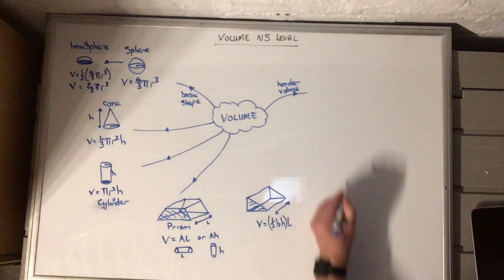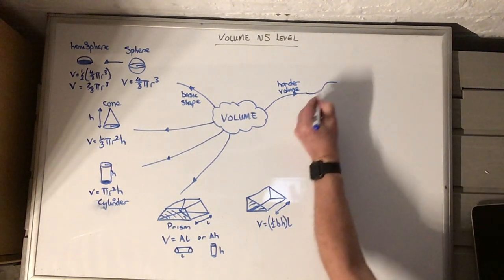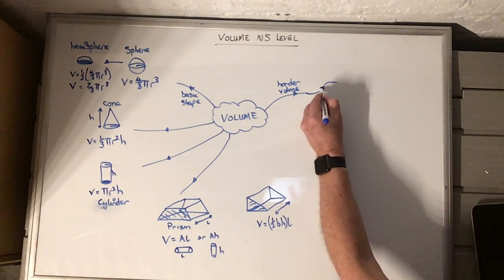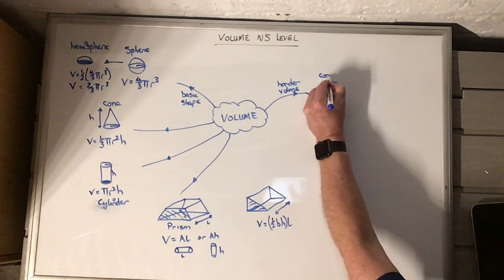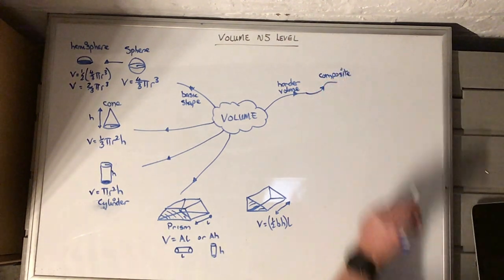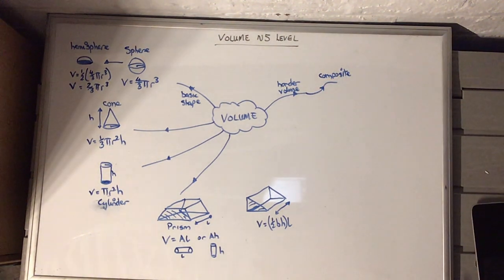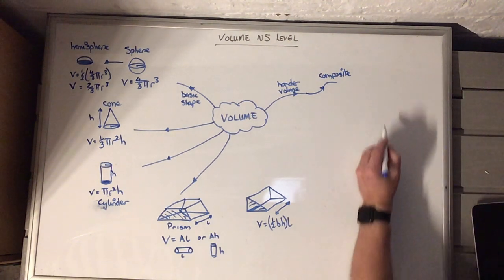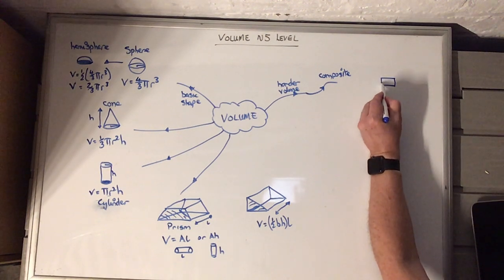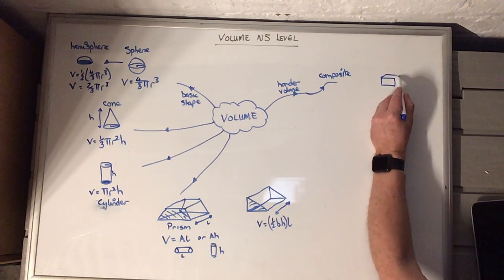Well, I'm going to split this into a few here. So the first one we'll deal with is composite shapes. Composite question. That's when you get two basic shapes and you have to add them together. So let's see if we can draw something like that. So you might get say a rectangle, something like that.